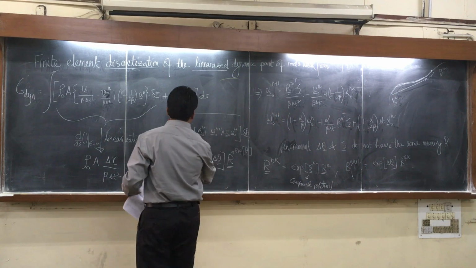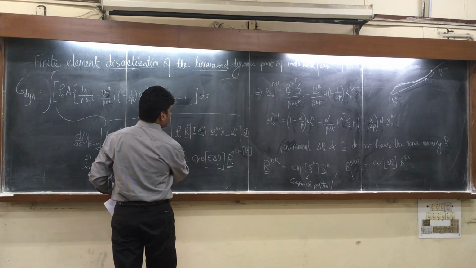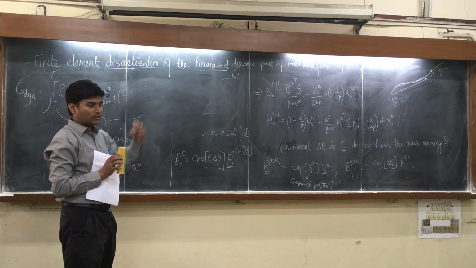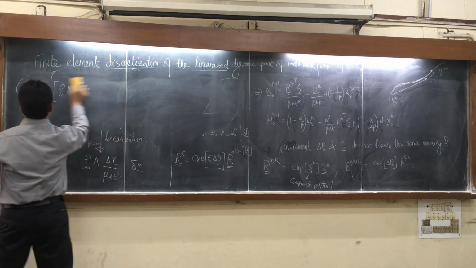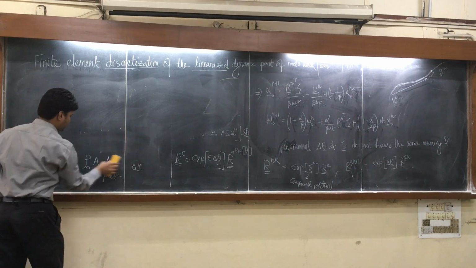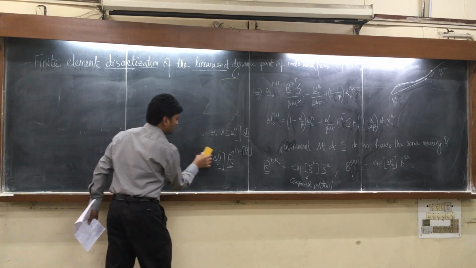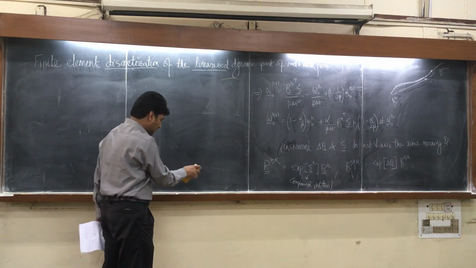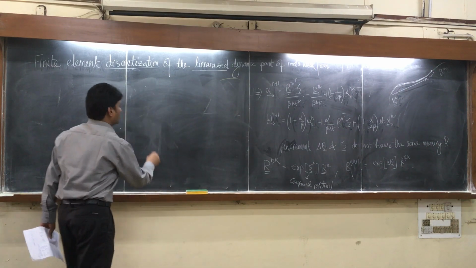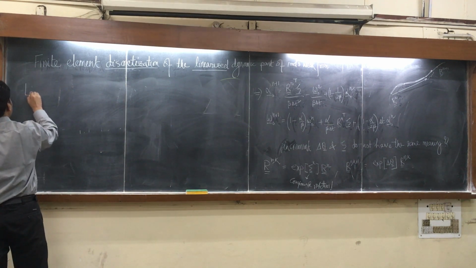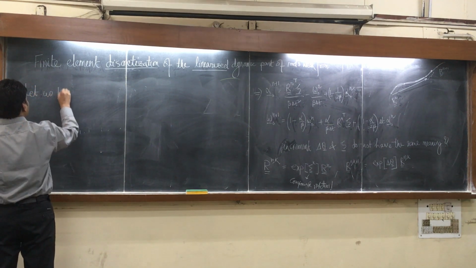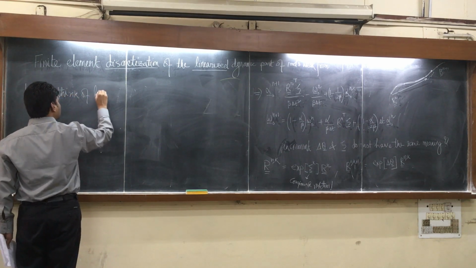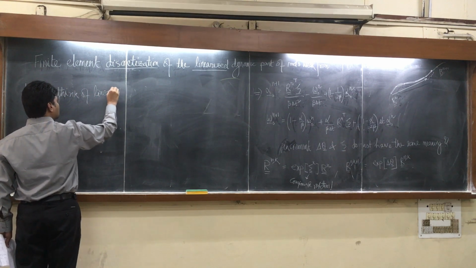Let's think of linearization at the kth iteration, which will lead you to the k plus 1 step, right? If you are not understanding, please ask me, so that the lecture will become clearer.